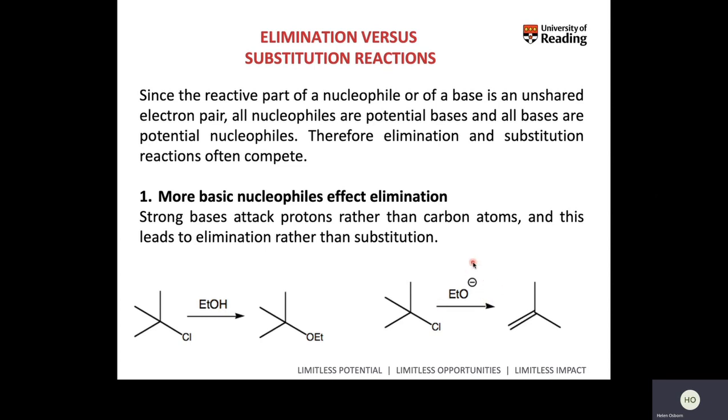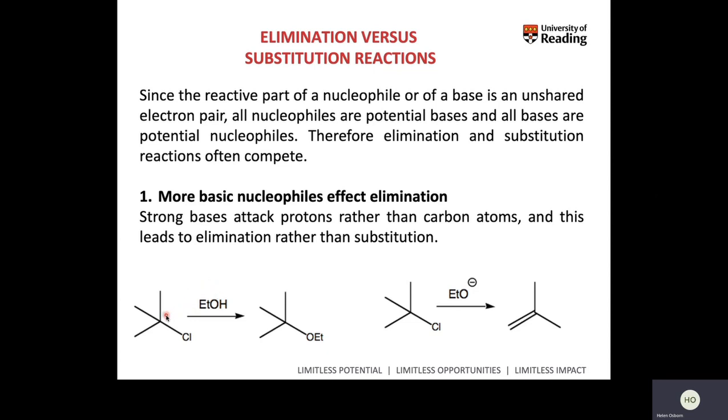So when the ethoxide reacts with the tert-butyl chloride, it's going to want to attack a hydrogen. In this case, when our ethanol attacks the tert-butyl chloride, it's going to want to attack the carbon. There's no benefit to it pulling off a hydrogen. So because it's acting as something which attacks carbon, it's reacting as a nucleophile rather than a base.